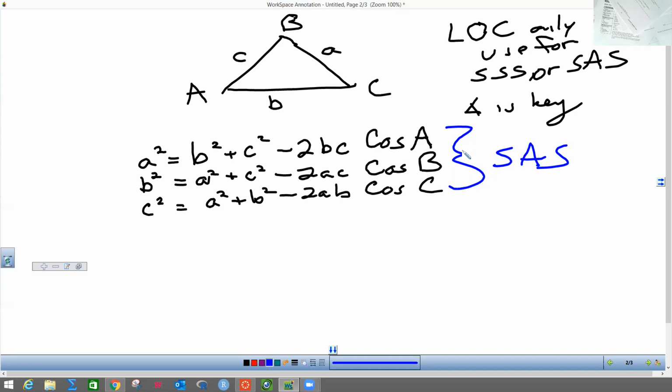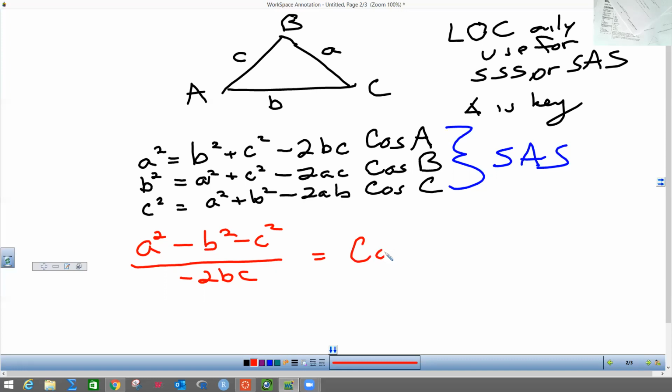So I'm going to solve these for cosine A. By order of operations, you would have this A squared here, and then you would subtract the B squared and the C squared, because you have to subtract those over, and then divide that by minus 2BC. That would leave cosine A all by itself.